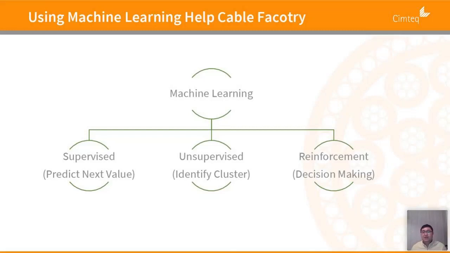But today we're not going to cover too much about this one, because reinforcement learning, in my opinion, is the next step after we can make full use of supervised and unsupervised machine learning.